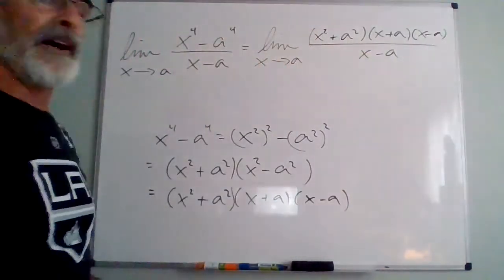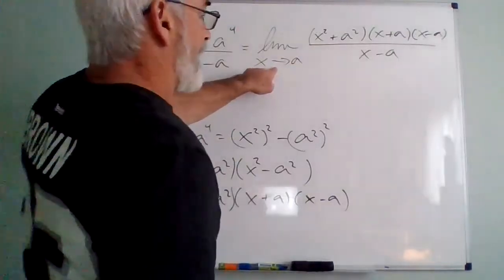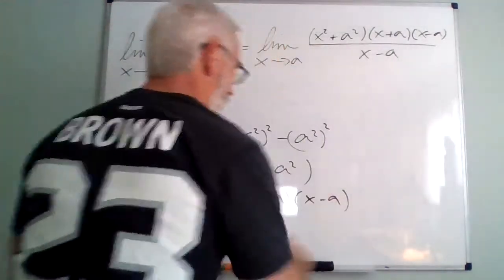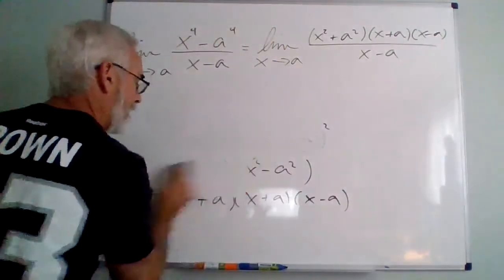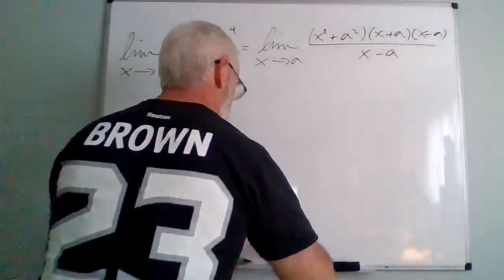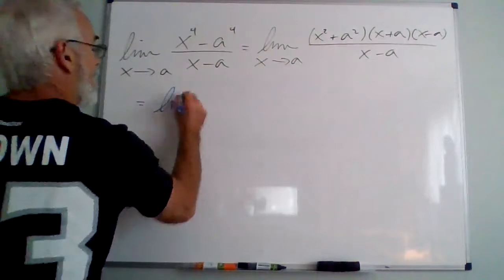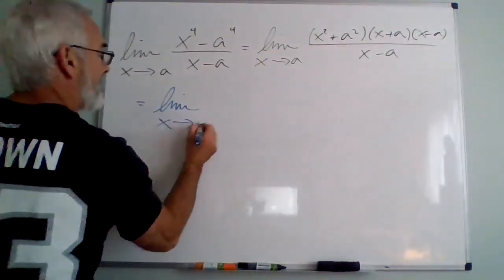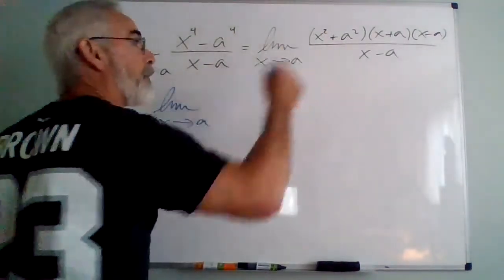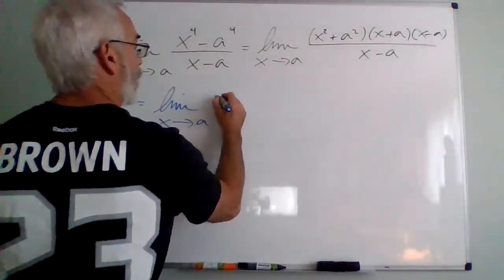Now, I cannot evaluate it yet, but when I remove the problem, which is the x minus a term, I should get something that I can easily evaluate. So after I cancel the common factors, and you notice I cannot evaluate yet because it is still of the form 0 over 0, I'm going to remove the problem.